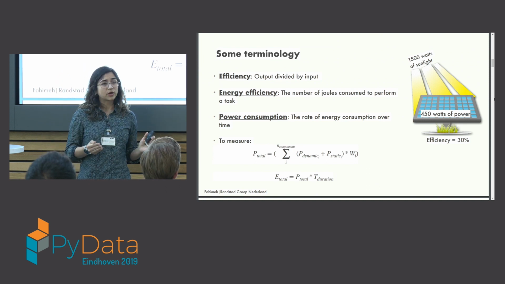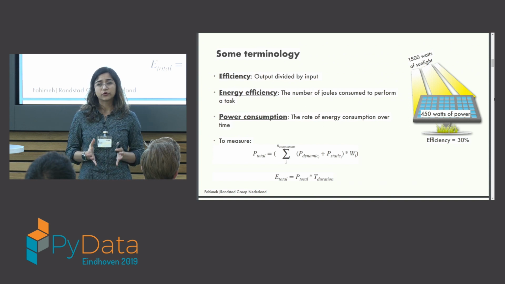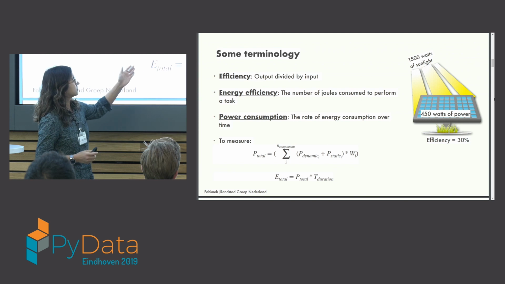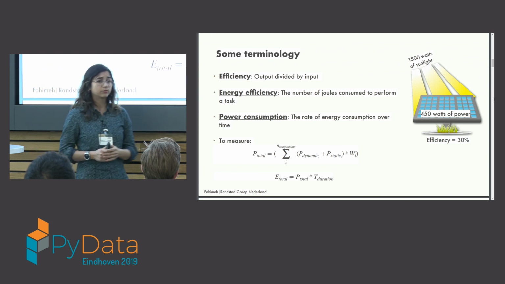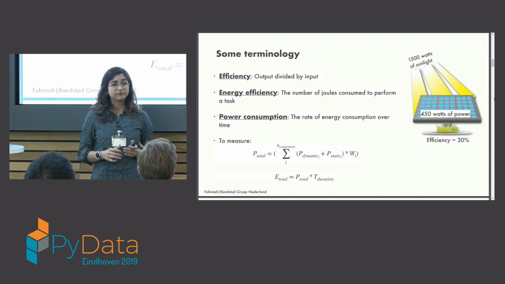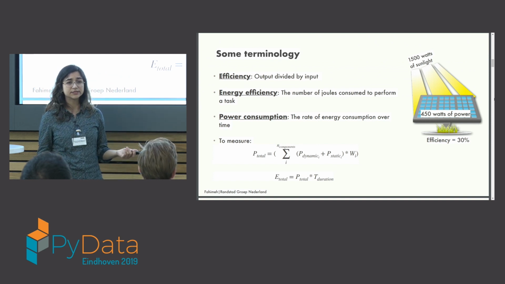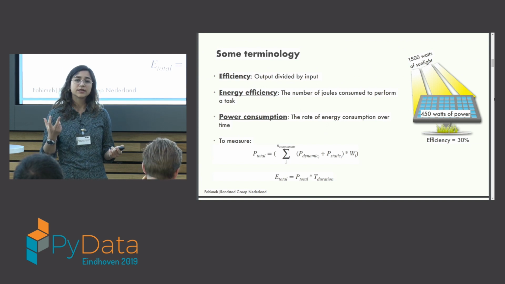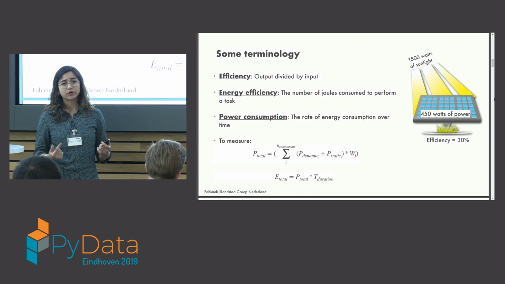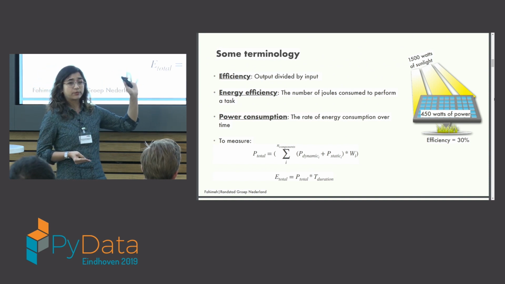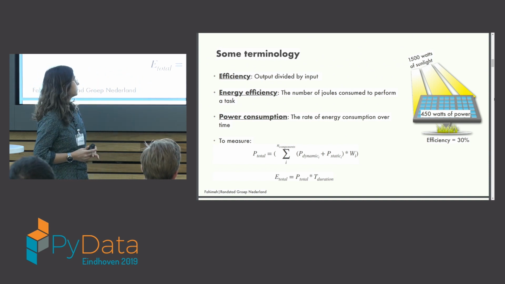To measure power consumption and energy consumption, there are many kinds of formulas in the literature, but most of them come down to a formula that divides per component. You take each component in the system, measure the static power and then the dynamic power, and multiply that with the weight, and then you have the total power.